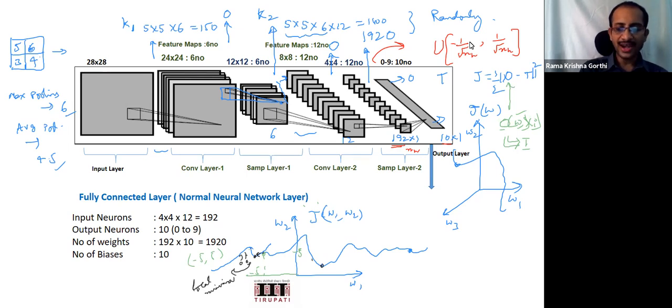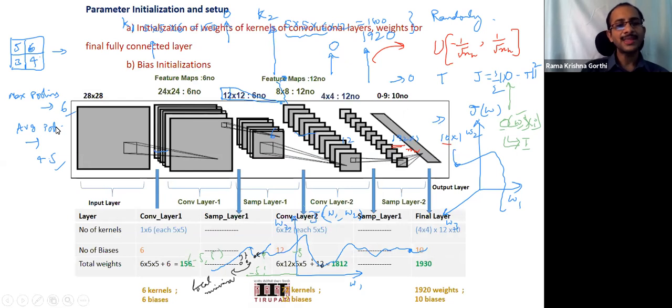So for initialization in convolutional neural networks, we define something called fan in and fan out. Fan in is the number of input maps. The number of output maps into kernel dimension is fan out. We define those and use them for initialization.